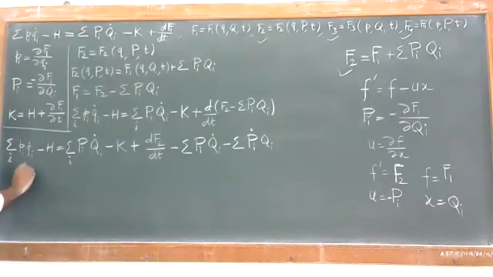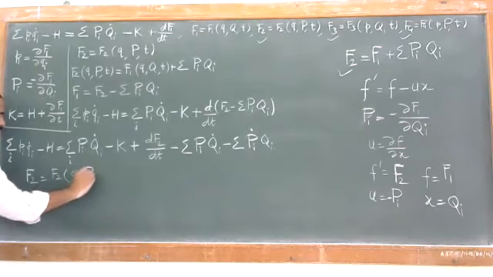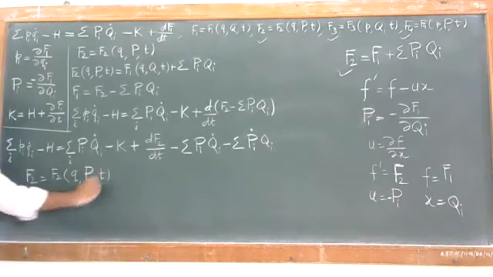But what is given? We have given that f2 is nothing but f2 of small q, this capital P into t. So what is its total differentiation?